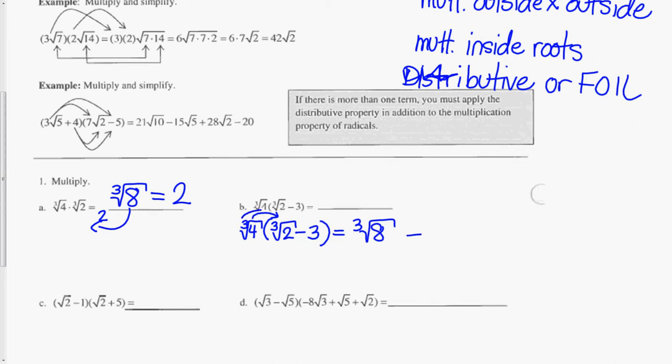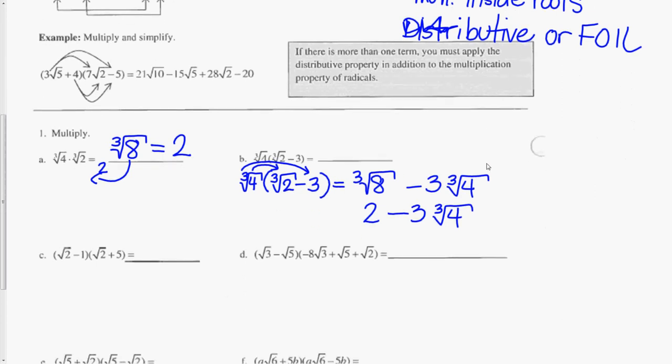So when I take cube root of 4 times a negative 3, I get minus 3 cube root of 4. And then we see if we can simplify. Cube root of 8, we just talked about that in the problem before this one, that equals a 2. Now, you cannot take the cube root of 4, so I'm just going to be left with 3 cube root of 4. So I've got 2 minus 3 cube root of 4. So there's one where we do the distributive property.